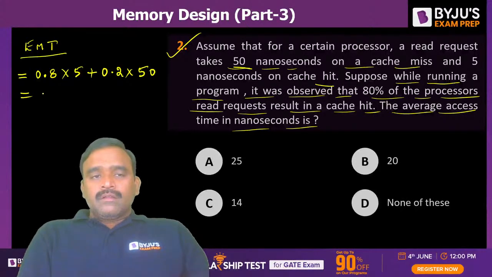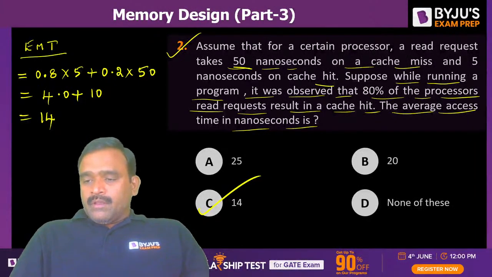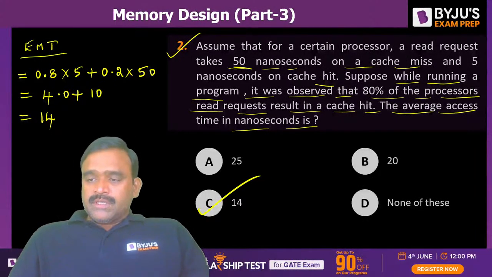So it is 4.0 plus 10, and it is 14. Option C is the right option.